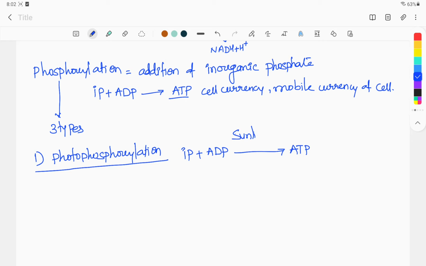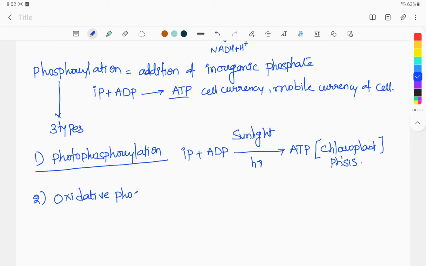That is, formation of ATP is driven by sunlight, that is h nu. It is called photophosphorylation. This takes place in chloroplast as part of photosynthesis that takes place in green parts of the plant. Second one is oxidative phosphorylation.